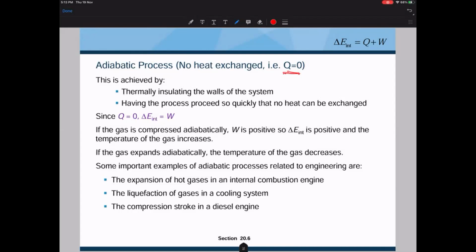The second one is actually quite tricky. Now, heat energy transfer takes time, but the diffusion of heat within the gas is relatively quick. So as long as the process takes place much quicker than the heat exchange with the surroundings, the process itself can be considered adiabatic. One of the examples is spraying the fire extinguisher.